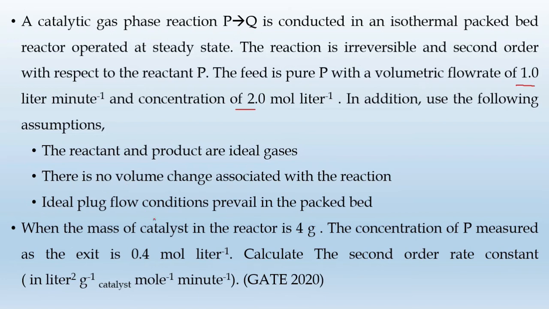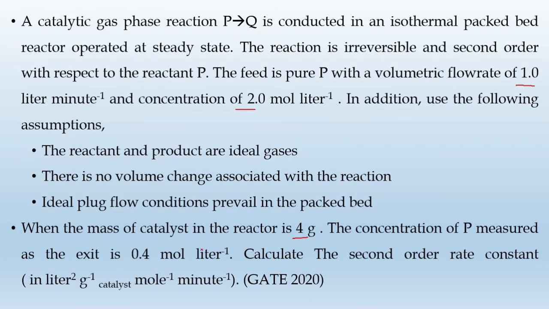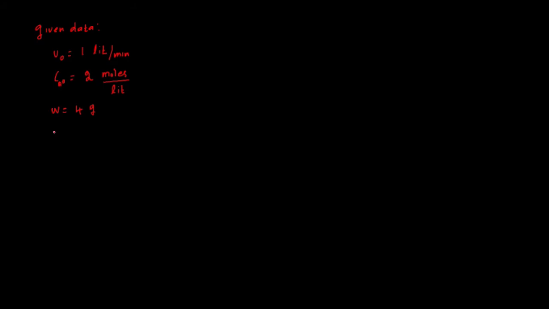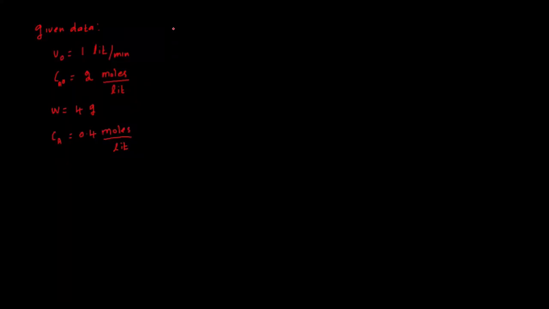It follows the ideal plug flow condition. Weight of the catalyst is 4 gram. The concentration of P at the exit is 0.4 moles per liter. Question is, calculate the second order rate constant. The reactor is an ideal plug flow reactor.